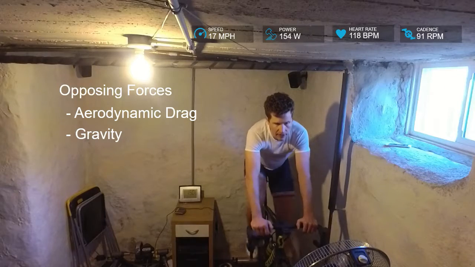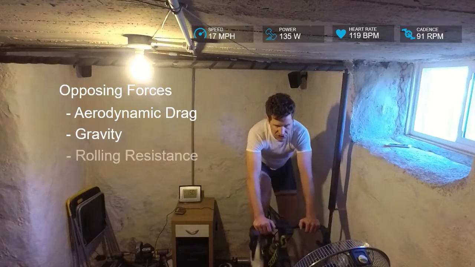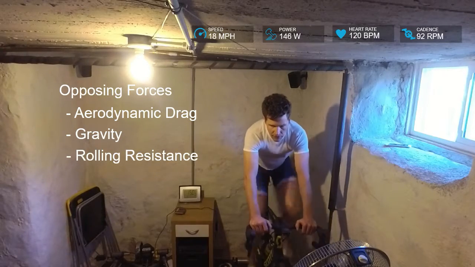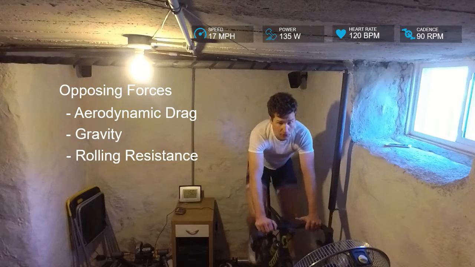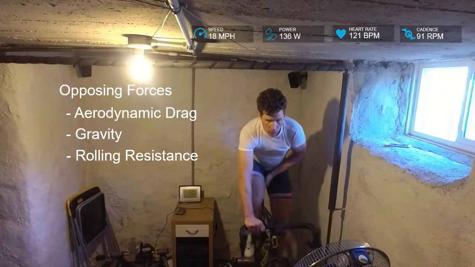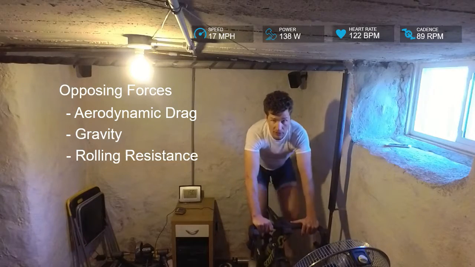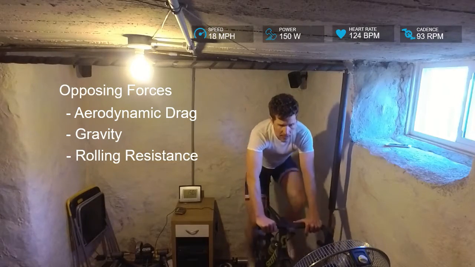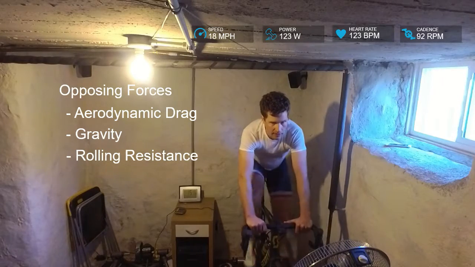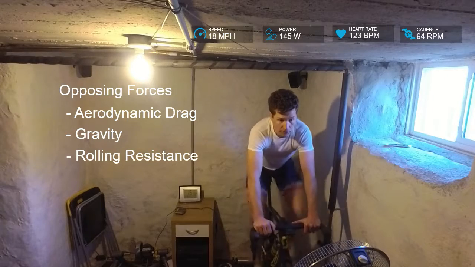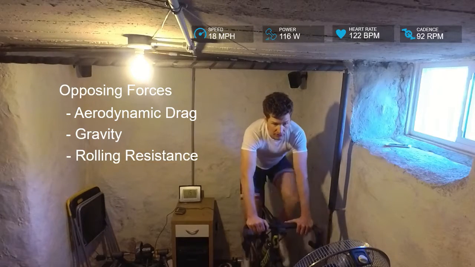You have rolling resistance, which is the friction of your tires on the ground. On a flat, well-paved road, that's going to be relatively insignificant. But of course, if you're riding off-road, that's extremely significant.